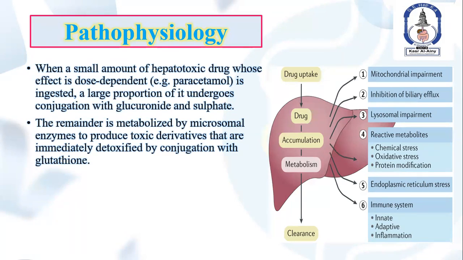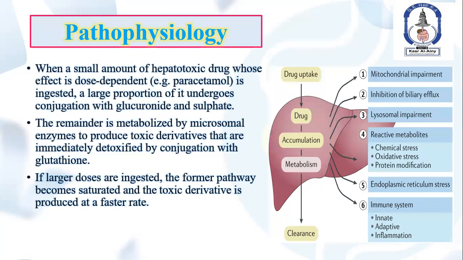So remember, when I ingest something that is known to be hepatotoxic in a certain dose, but I take it in small amounts, the large proportion will be conjugated to glucuronide and sulfate. The remainder is going to be metabolized by microsomal enzymes to produce toxic derivatives that are detoxified by glutathione.